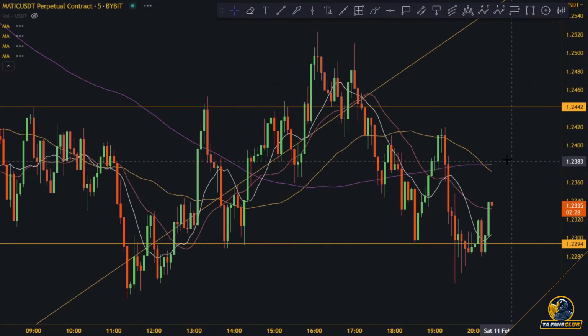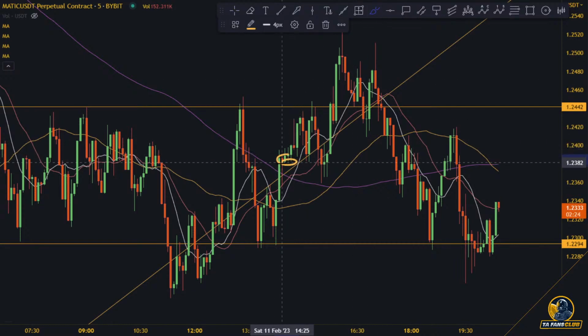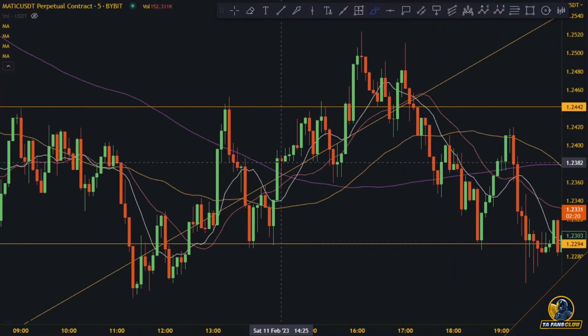And then I tried long in Matic, right about here. But these wicks on the downside kind of ruined my mood. Actually, it was one of these wicks, right?